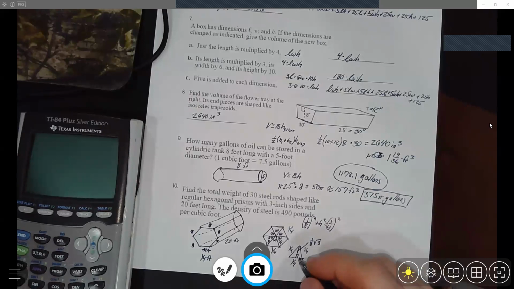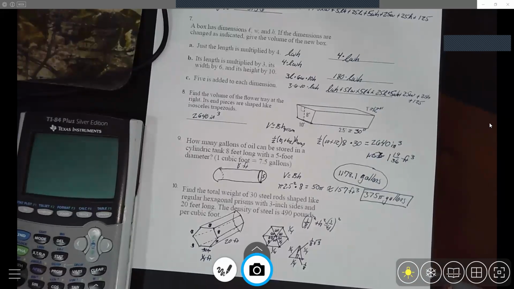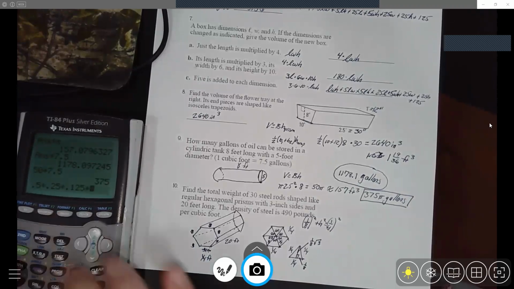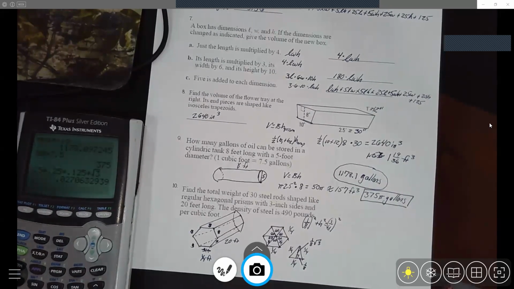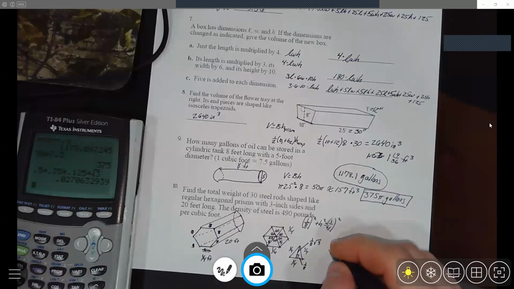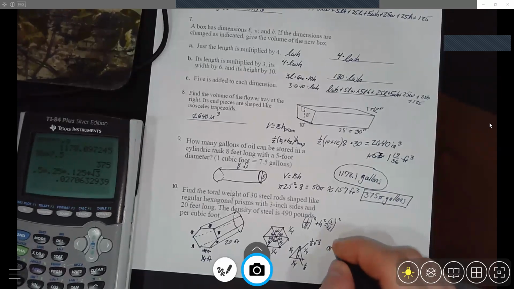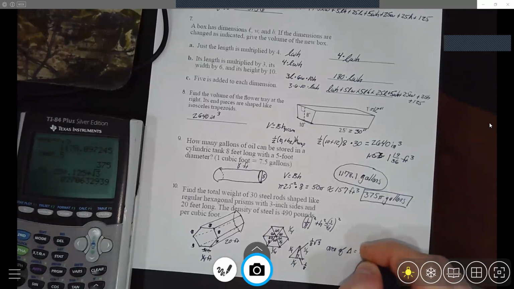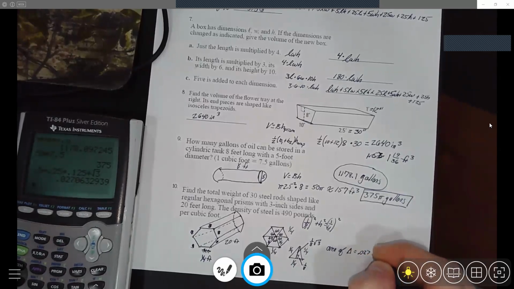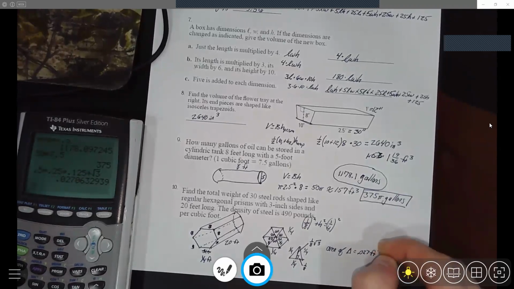Okay, so the area of one triangle is 0.5 times 1/4, that's the length of the base, times the height, 0.125, that's 1/8, times the square root of 3. And so the area of one triangle is 0.027 square feet.